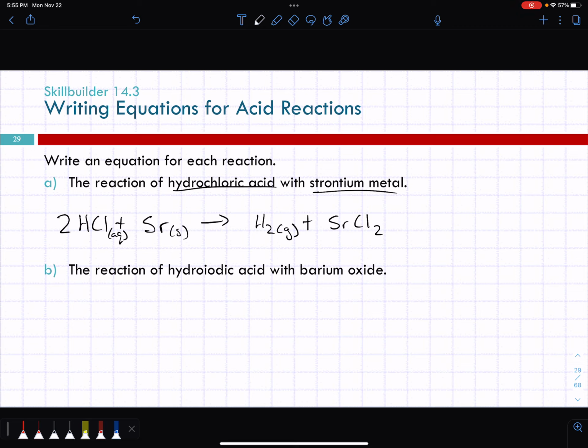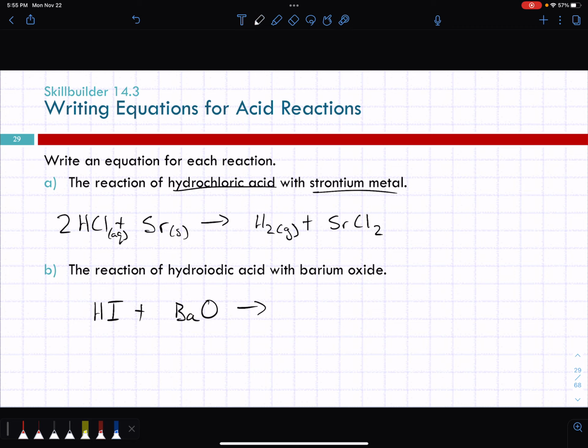So again, hydroiodic acid with barium oxide. Hydroiodic acid is HI plus barium oxide. Now because we're reacting with an oxide, we have an oxygen for the hydrogens to react with.